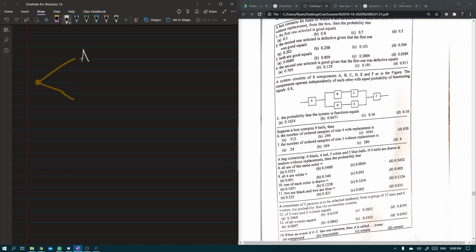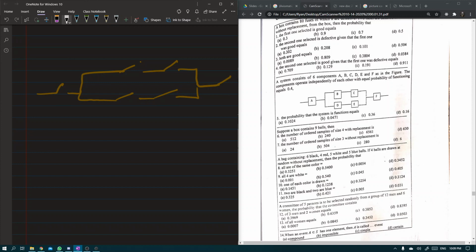Okay, now let me just explain the question, because the question is kind of confusing. So you have a circuit. Is it open or closed?